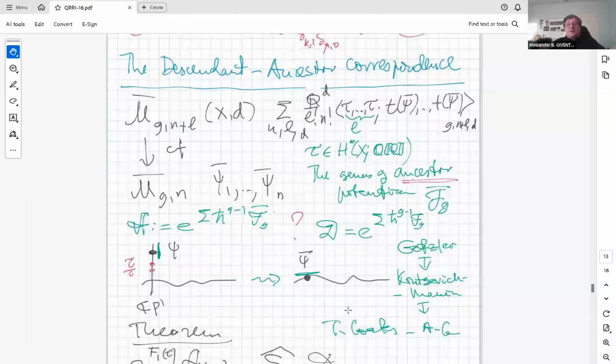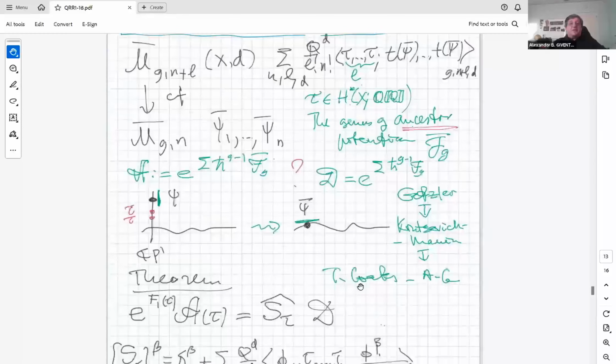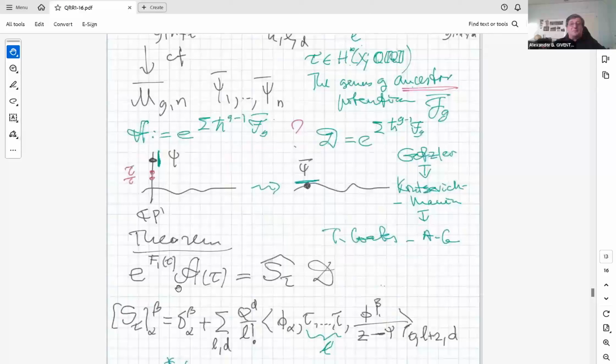And then we, with Tom Coates, added a cherry on the cake by showing that if you combine these linear transformations all together and take into account various special circumstances, such as various anomalies, the dilaton shifts, something special that happens in genus 0 and in genus 1, then actually you get a very neat quantum formula in our formalism that relates the descendant and ancestral potential, and that's the formula.